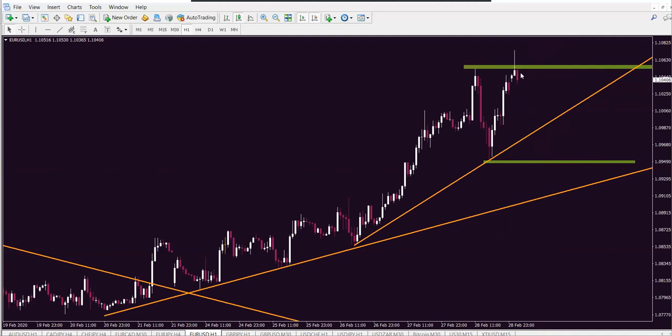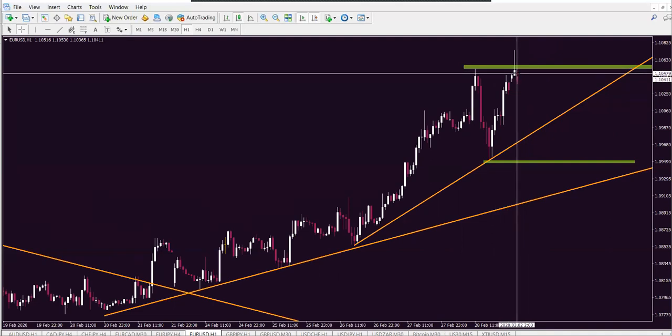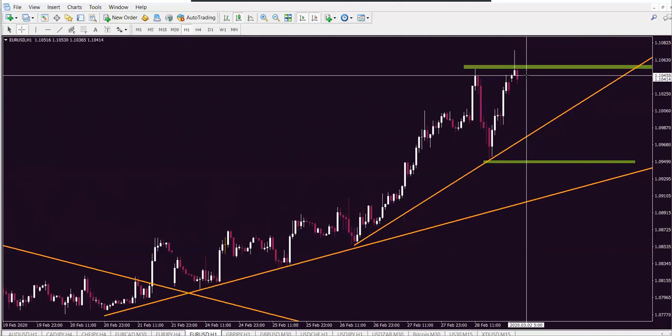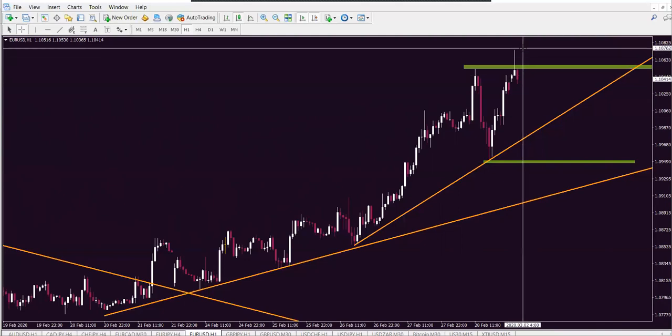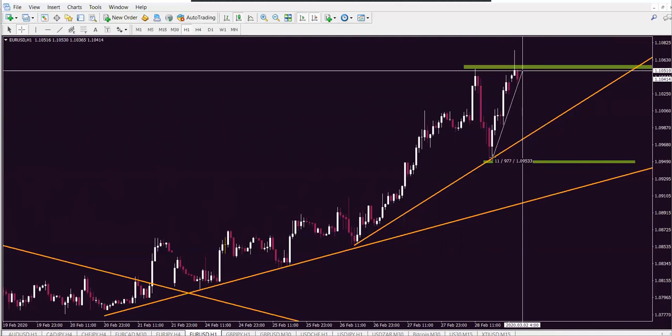All right, guys, in this case it would be wise to actually close it, but based on my rules sometimes I would still leave it and then add another buy stop above here.